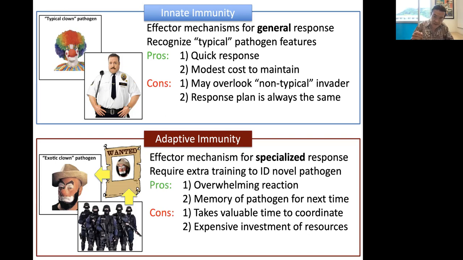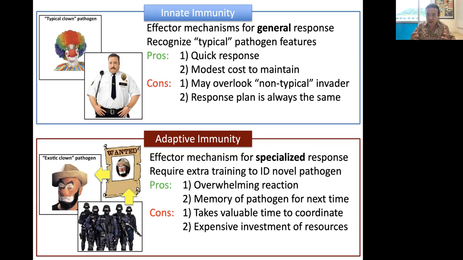So the pros of this are that once your adaptive side really gets going, you can then mount a very strong, overwhelming reaction. So this is the SWAT team comes in and they're highly trained in order to take out the threat. The other pro of this is that your adaptive side, by its very nature, adaptive, means it's capable of memorizing and learning the pathogen identity for next time.